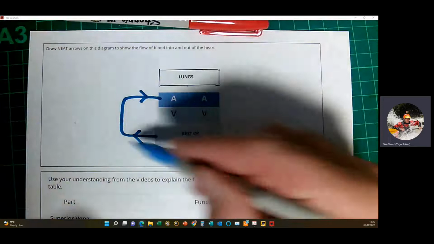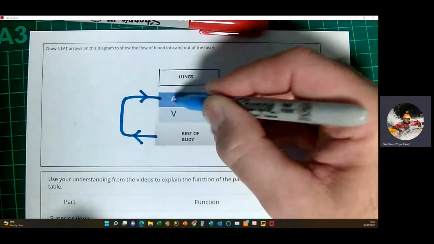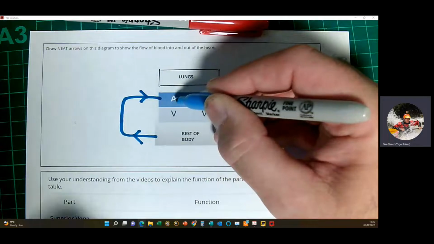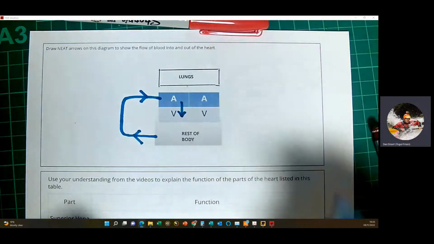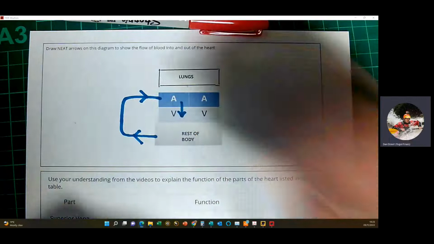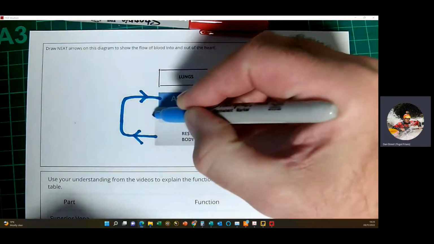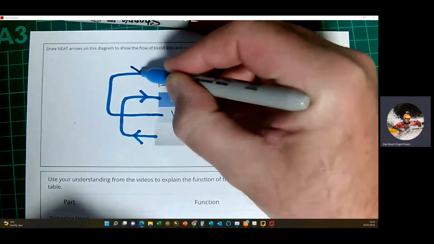Okay, so it's got no oxygen in it. From there, it travels from the right atrium into the right ventricle. So it does that. And then from there, it travels to the lungs. Okay, so it travels out there and off to the lungs.